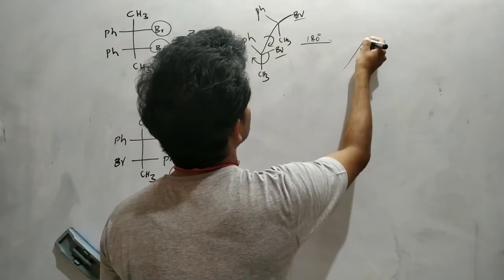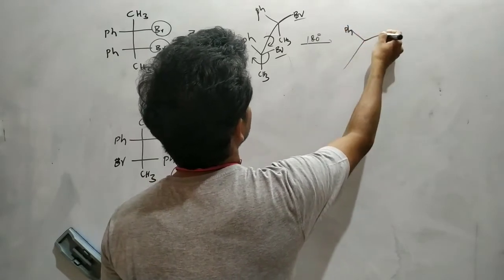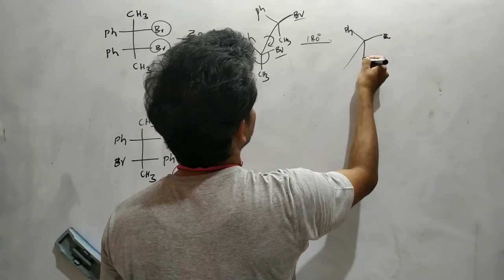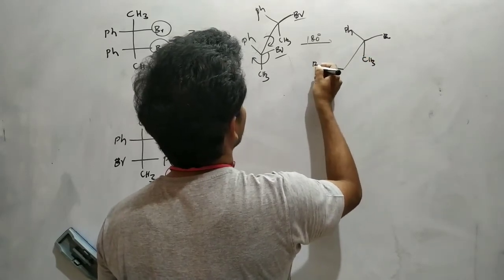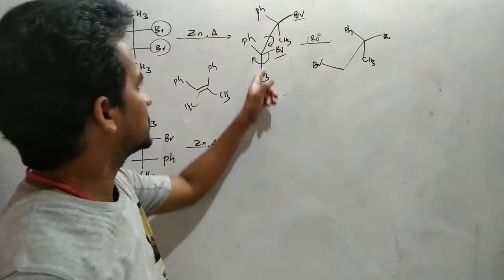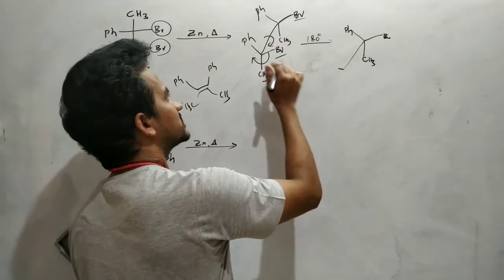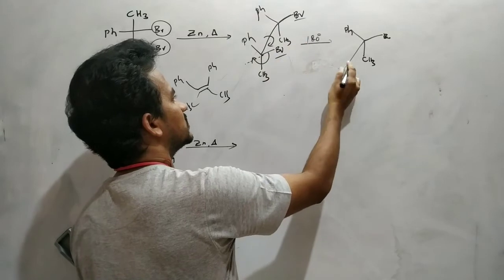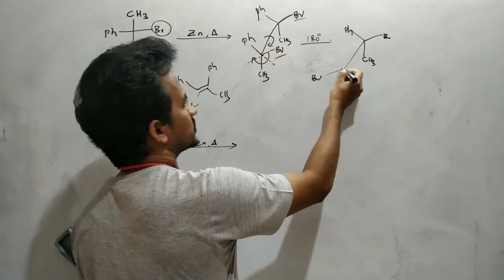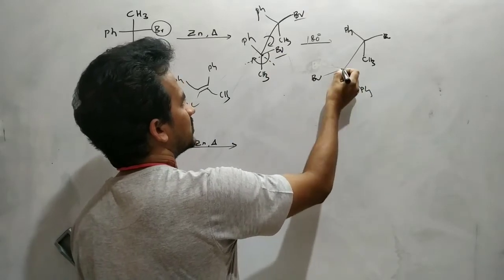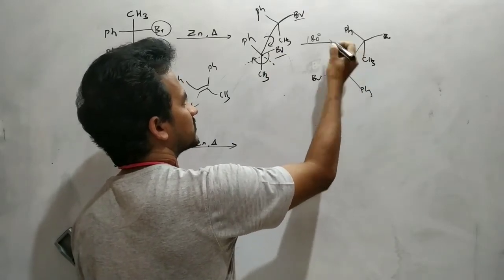So here this is phenyl, this is bromine and methyl downward direction. Because of rotating 180 degrees, the bromine goes exactly to this position, next phenyl this position, and next methyl in an upward direction.